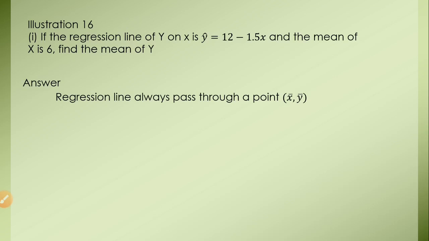Now what does this regression line passing mean, sir? It means that when you draw the graph and you draw the line of regression, then that particular line always passes through the point where mean is plotted.